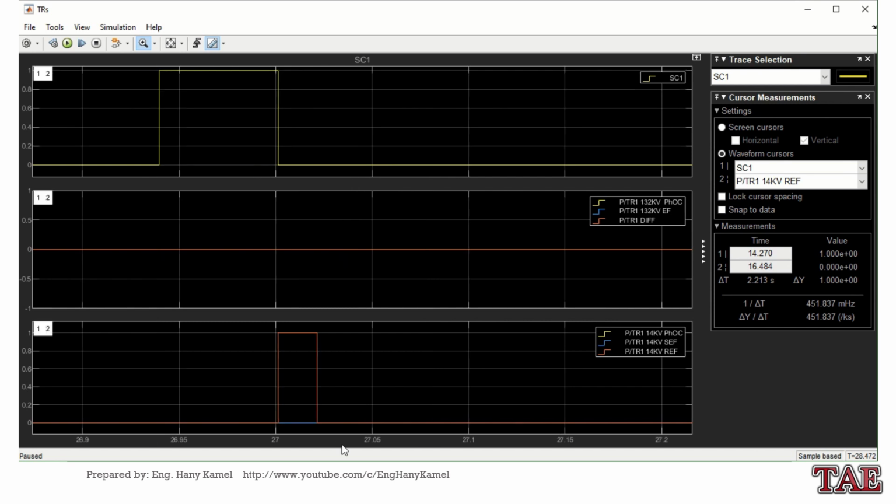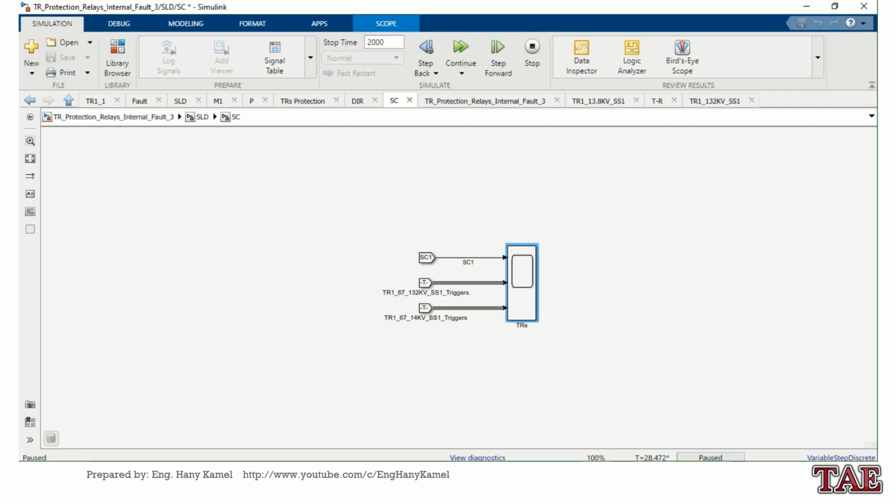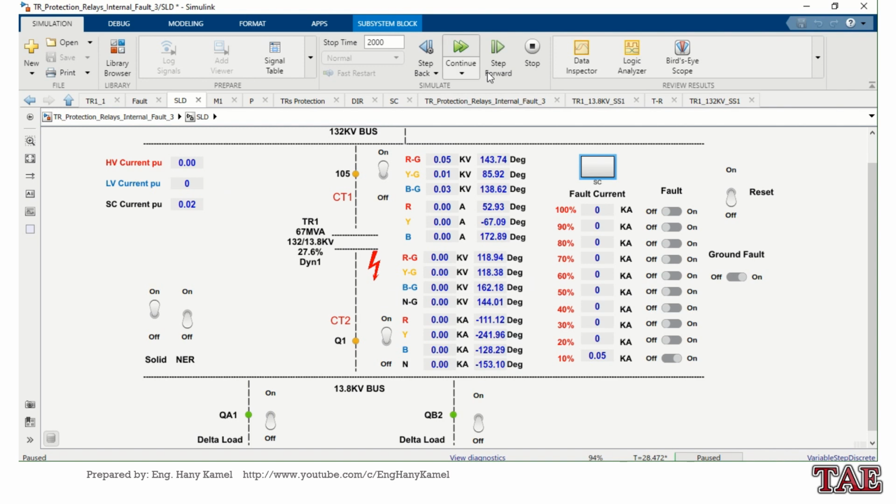So when we make the fault, the restricted earth fault operated. If I continue and make a force reset, this is the short circuit current for the first 10% of the winding. Because it is low impedance, or low reactance, the short circuit current is high.